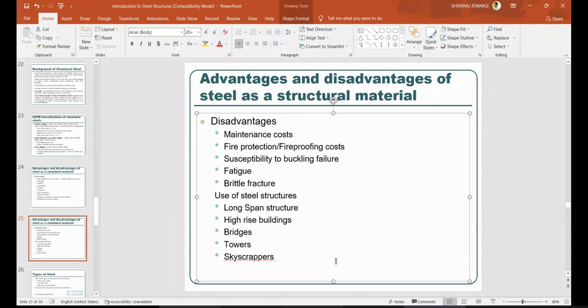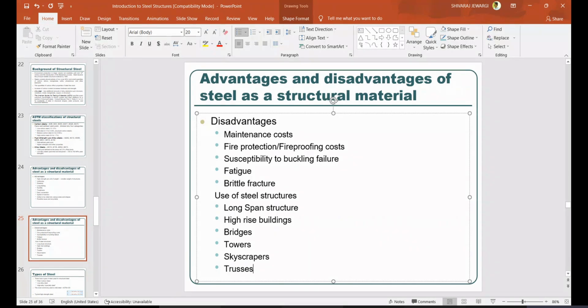Railway steel structures, railway bridges, trusses. We can say trusses. So when I say trusses, it includes all railway platforms, wherever trusses are there. In a multi-storied building, it covers different types of trusses, right? Steel bridges, railway steel bridges.